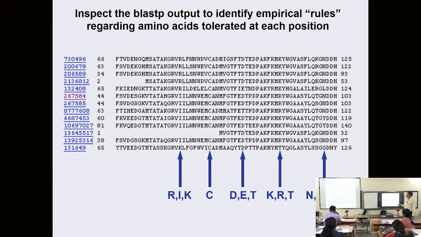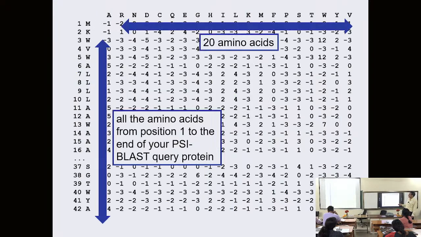So you can derive the matrix using the same formula that we discussed. You remember the formula? The score is 10 multiplied by log base 10 of q_AB over p_AB.